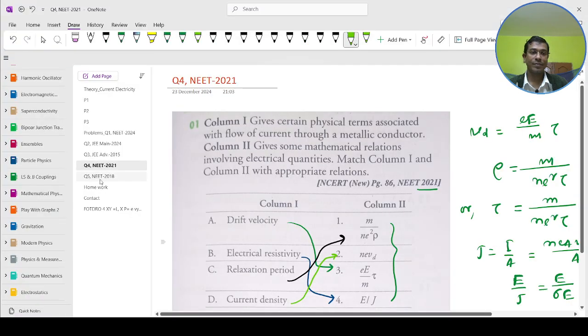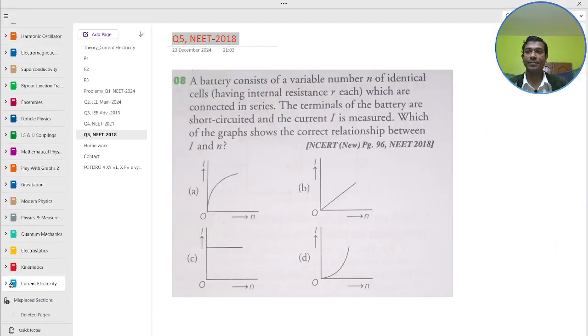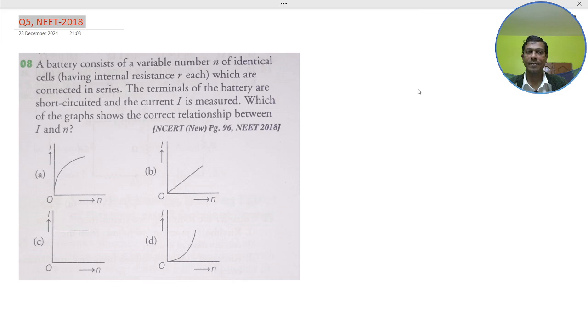Last one, NEET 2018 is saying that a battery consists of a variable number n of identical cells with internal resistance R, which are connected in series. The terminals of the battery are short circuited and the current I is measured. Which of the graphs shows the correct relationship between I and n?